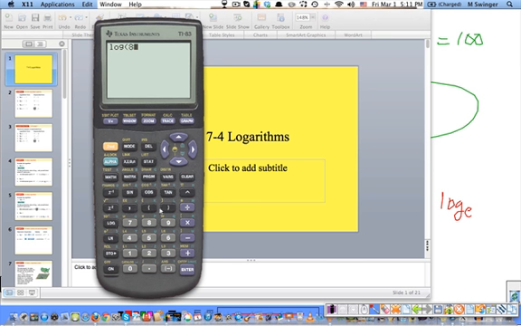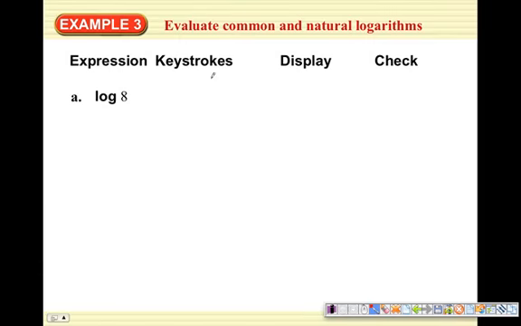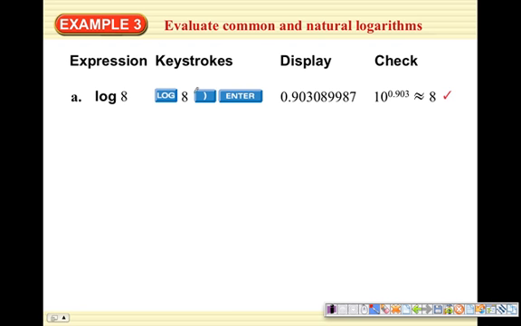Log of 8. Hit enter. Should be less than 1, right? There it is. 0.903. Now you could check it. 10 to the 0.903 is about 8. That's how you check.